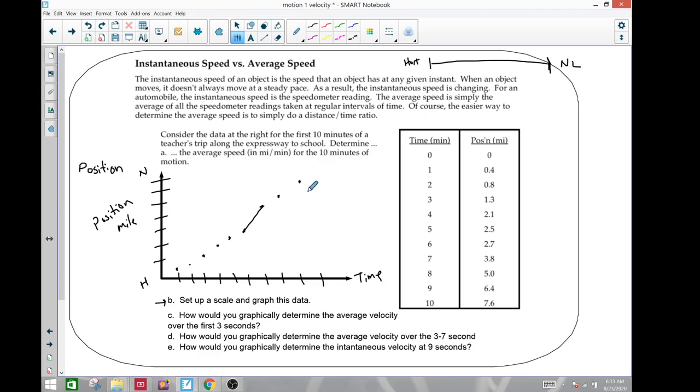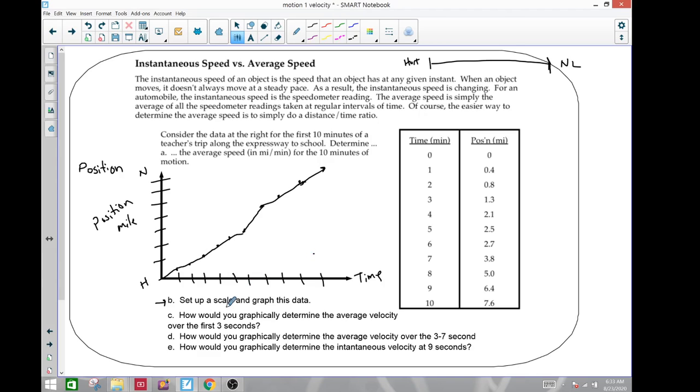Okay, I may have missed a point there. It doesn't matter. So you'll notice that the line's relatively flat here, and then it shoots up, and then it flattens out again a little bit. So let's just say that's our graph. Maybe yours is a little bit better than mine. Okay, so it's relatively flat.